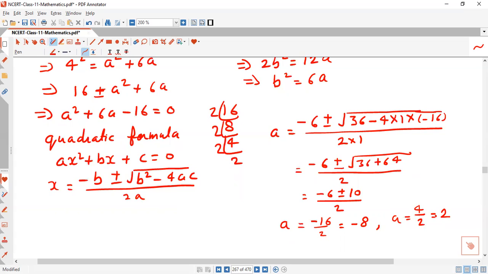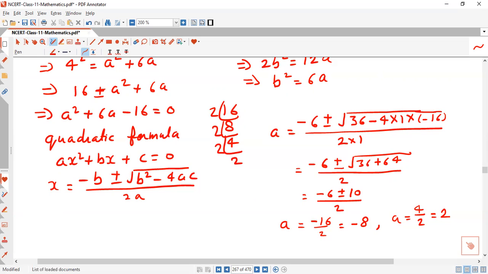So the two answers are coming: minus 8 and 2. So a equal to minus 8 or a equal to 2.